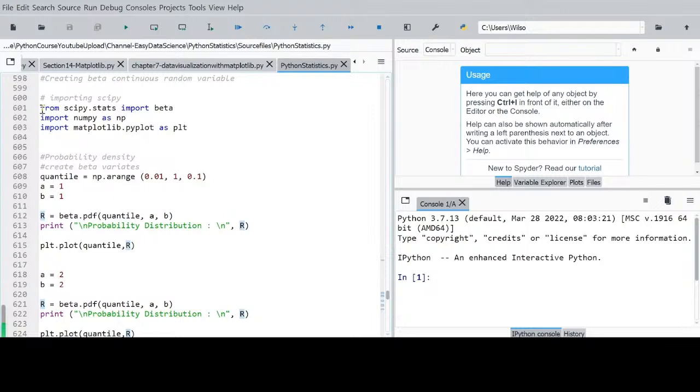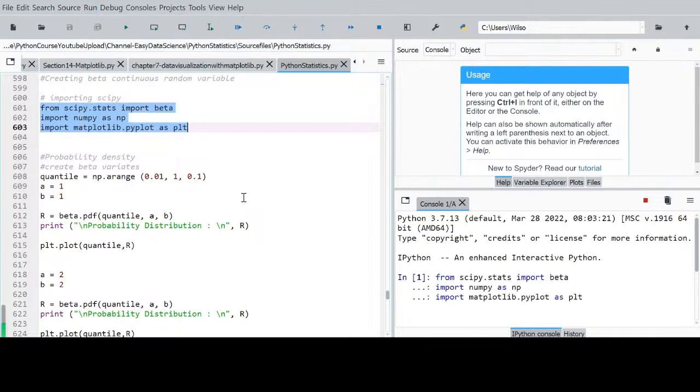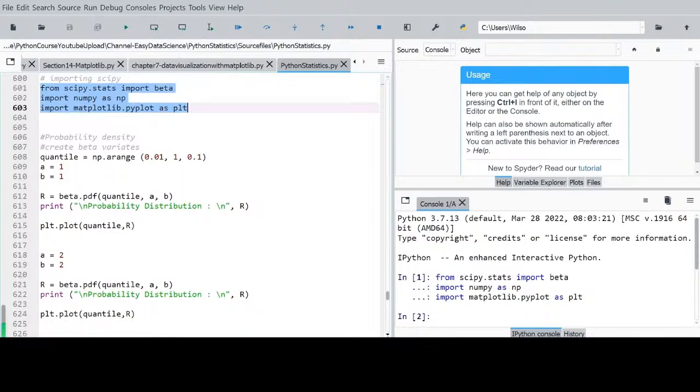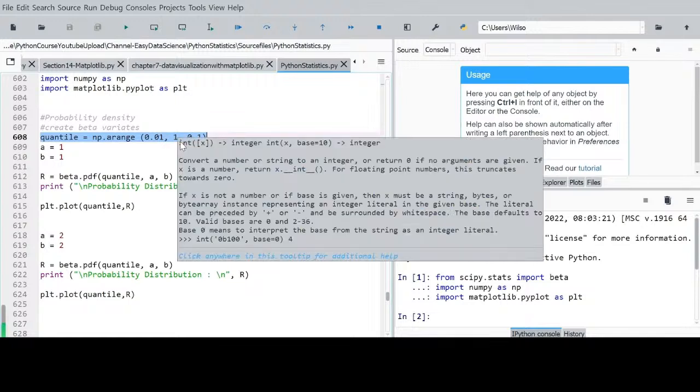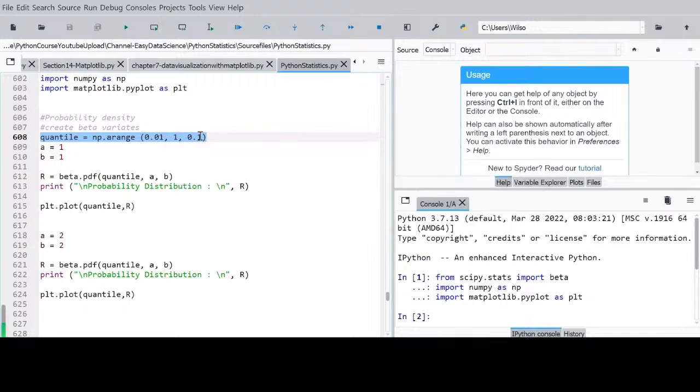First we import beta from scipy.stats, and import numpy and matplotlib.pyplot. We first show how to use the beta density function. We create an array with values from 0.01 to 1 with a gap of 0.1.